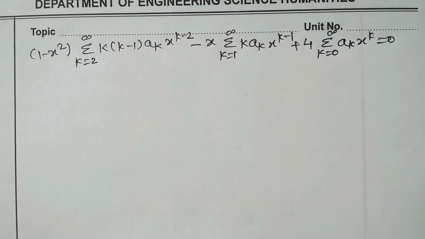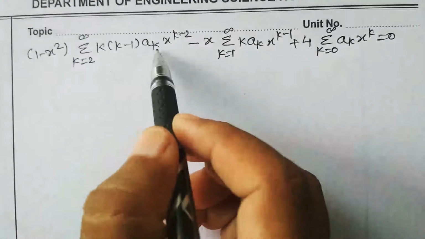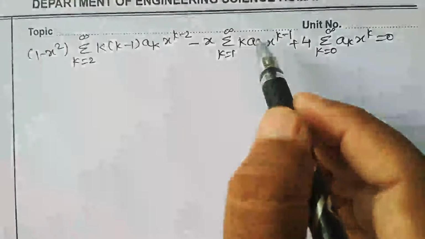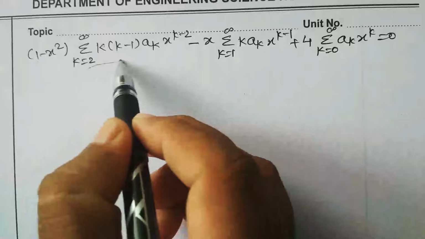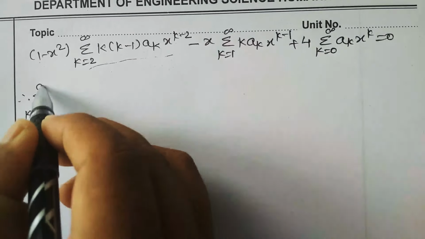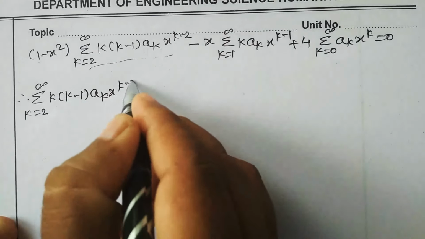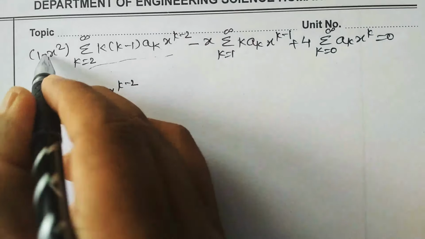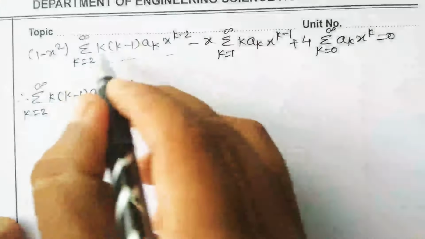So first of all simplify this, that means multiply 1 minus x square inside and separate the terms, also multiply minus x inside the series. So when you multiply this 1 to series, this series becomes as it is. You will get summation k varies from 2 to infinity k into k minus 1 ak x to k minus 2. Then this minus sign, and when you multiply this x square to this series, x square into x to k minus 2 becomes x to k, and remaining term as it is.